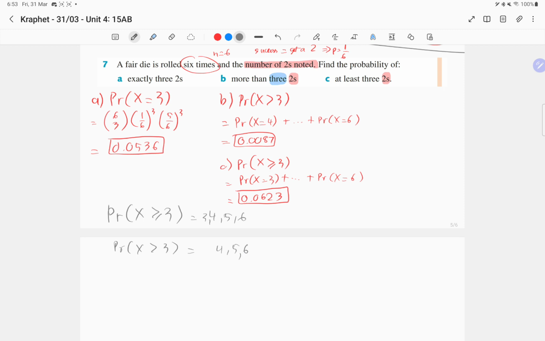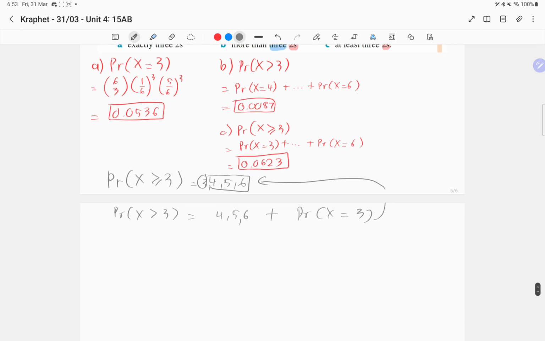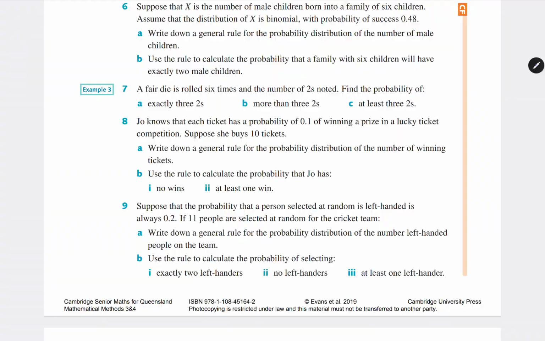Which means when you add this to the probability of X exactly equal to 3, it should be the same as before, because then it covers the 3 as well as the 4, 5, 6. What does that mean then? Actually, I think I'll pause here, see if you can figure that one out.